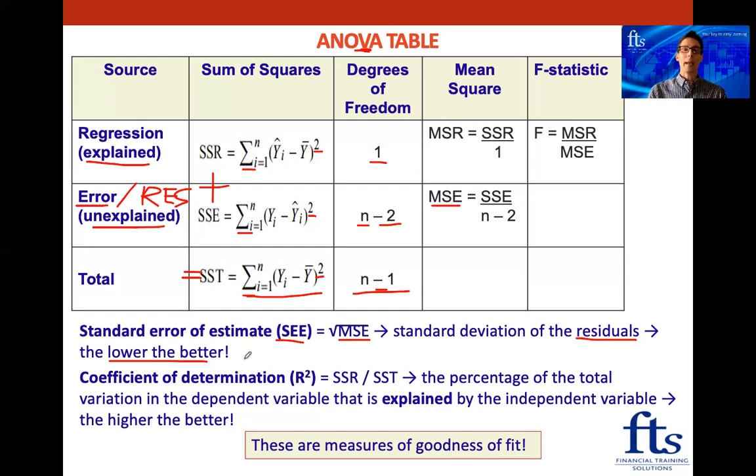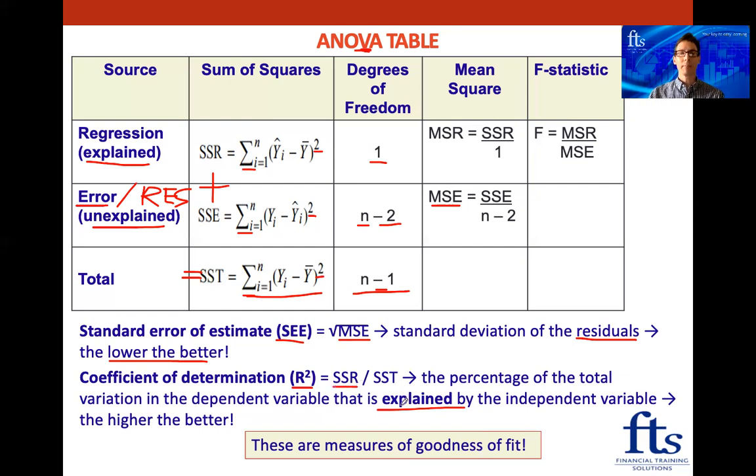And then the other thing we need to know is this thing called the coefficient of determination, or R squared. Now, what this is, let's rather look at the words first, then we'll come back to the little formula. It is the percentage of the total variation in the dependent variable that is explained by our independent variable. So what is this then, this SSR?